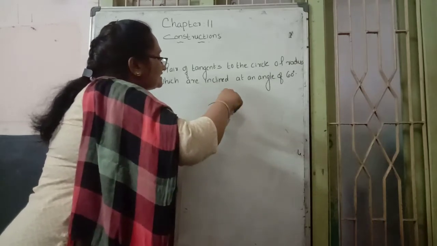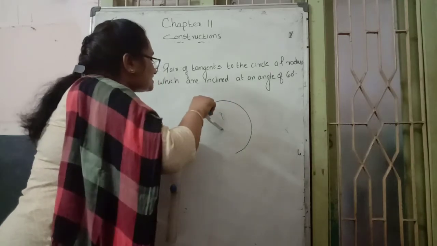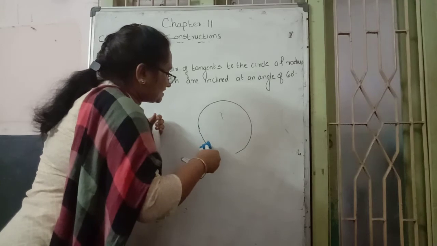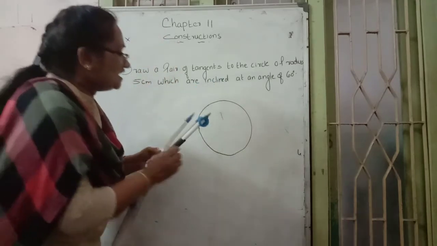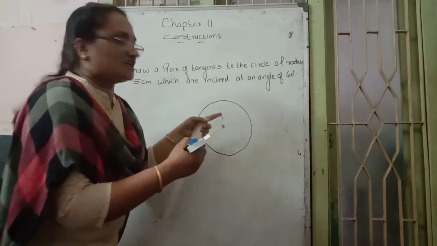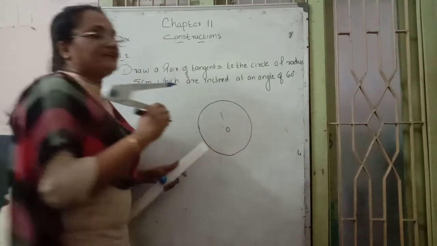Draw the 5 centimeter circle like this. Where we keep the sharp end of the compass, there we mark the alphabet O.